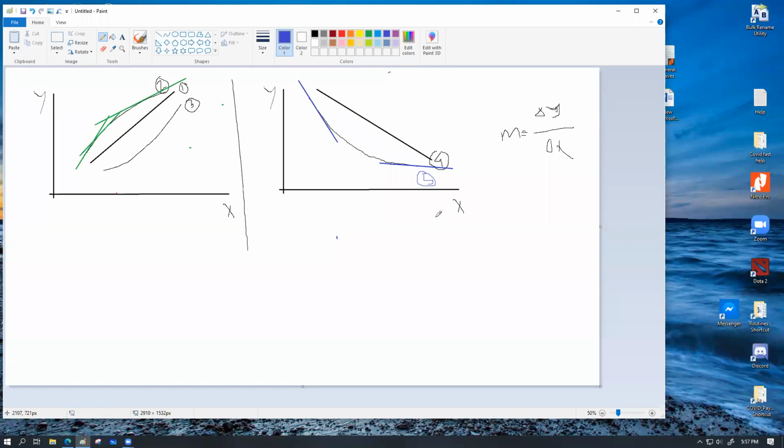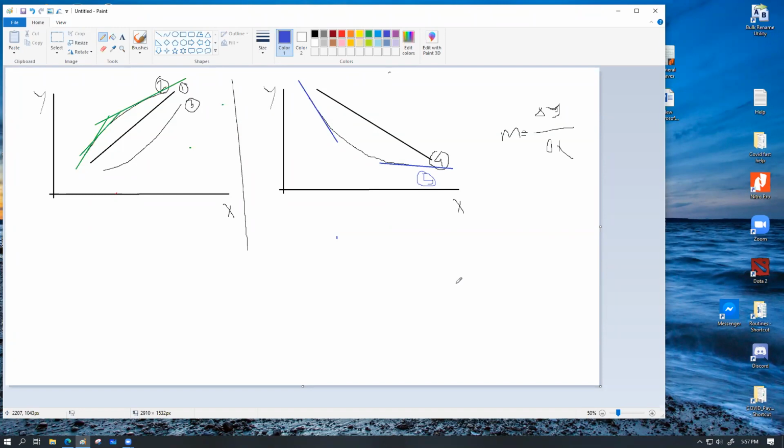Now, one more thing that I really need you to understand: for this line, the gradient decreasing would essentially mean what? Whenever we are saying that the gradient of a certain graph decreases or increases, we usually exclusively mean what is happening to their magnitude.